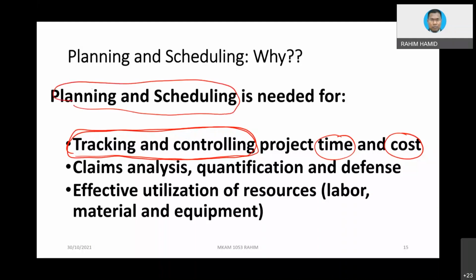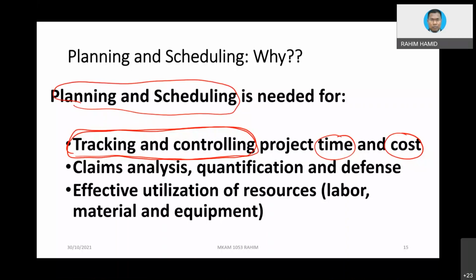Okay. And then number 2 is claim analysis, quantification and defense. It is often a practice in the construction industry, for instance, that you need to execute things first, then only you can claim. You need to submit what we call a progress claim on a monthly basis, or whatever interval is agreed upon, but normally it could be monthly.